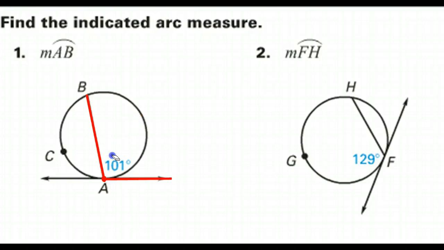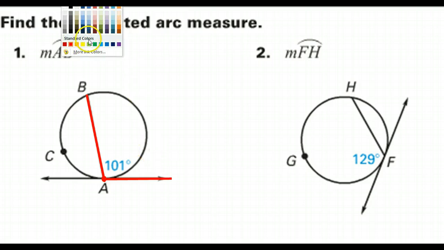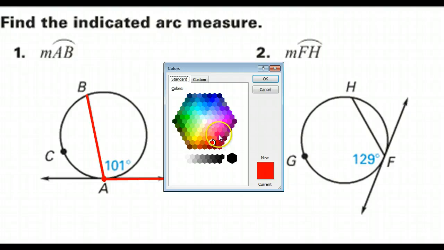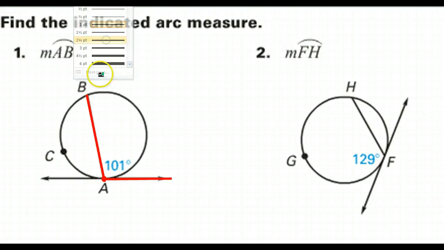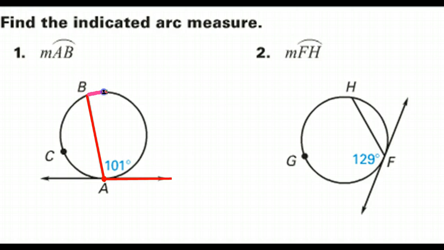Guess what? It still works when it's a tangent. Just treat this like any other inscribed angle. So the arc that goes with this angle is going to be this arc right here. All right, this is the arc that belongs to this angle.